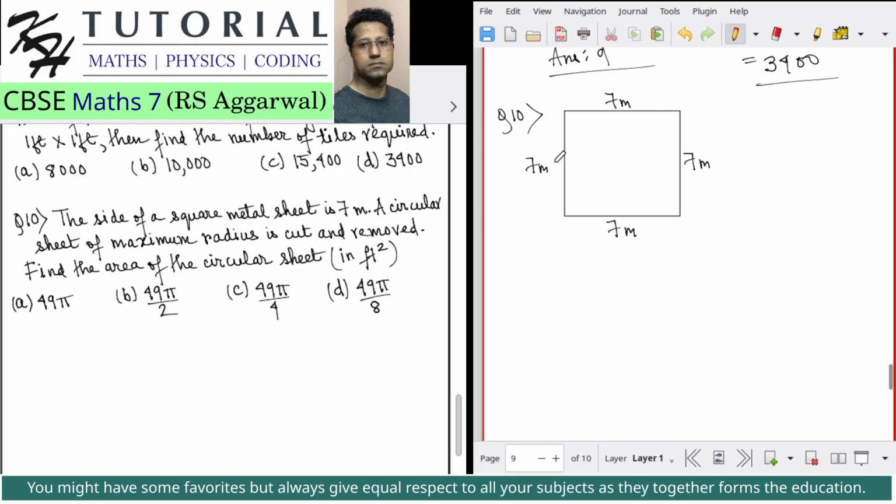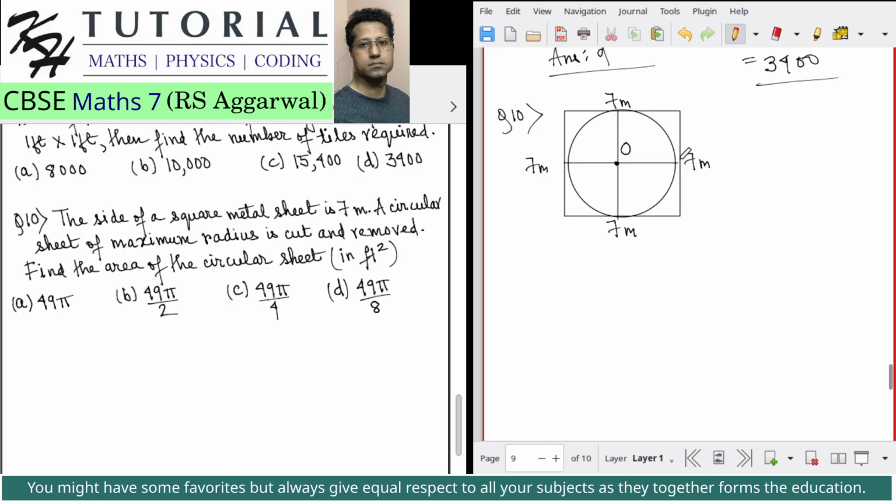Now the largest circular sheet that can be cut from this square sheet is nothing but the largest circle that can be inscribed inside the square, which will be the circle whose diameter will be equal to the side of the square. So this is the center of the circle.